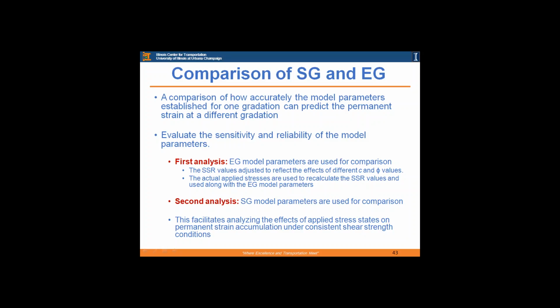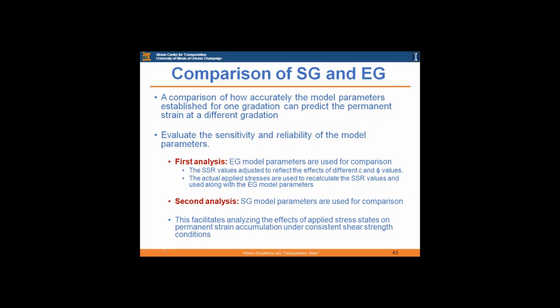So in order to do this analysis, we did two analyses that are similar in concept. For the first analysis, we used the engineered gradation model parameters to estimate the source gradations. For the other analysis, we did the opposite. We used the source gradation model parameters to estimate the engineered gradation parameters. And in order to do that, also, we calculated the shear stress values to be normalized with the shear properties at the model parameters at which it was calculated.